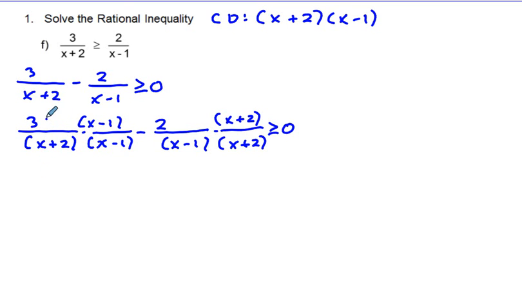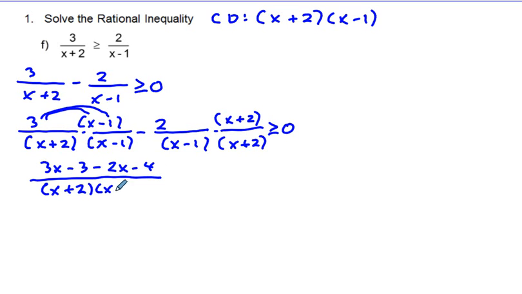So we have 3x minus 3, and then for this other one, minus 2x minus, because that minus applies, minus 4, and all this over quantity x plus 2 times quantity x minus 1, and all this again is greater than or equal to 0.